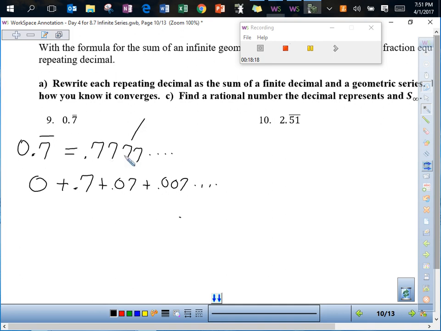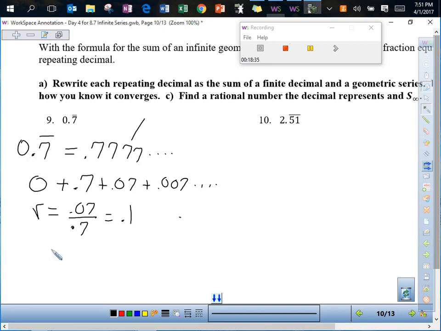Now guys, here's why I did this. My R value is going to be 0.07 divided by 0.7, which is 0.1. Now I'm going to take the number out front.